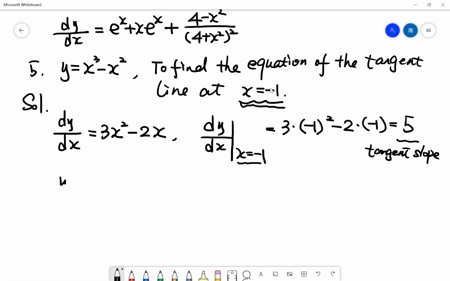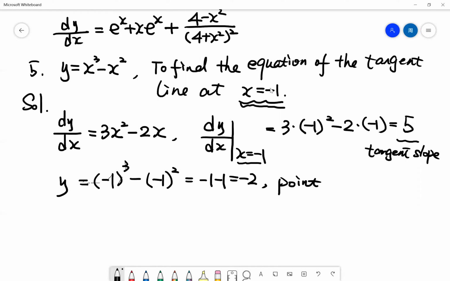So that is y equals (minus 1)^3 minus (minus 1)^2, right? So that is minus 1 minus 1 equals minus 2. So the point is (minus 1, minus 2), and the slope is 5.